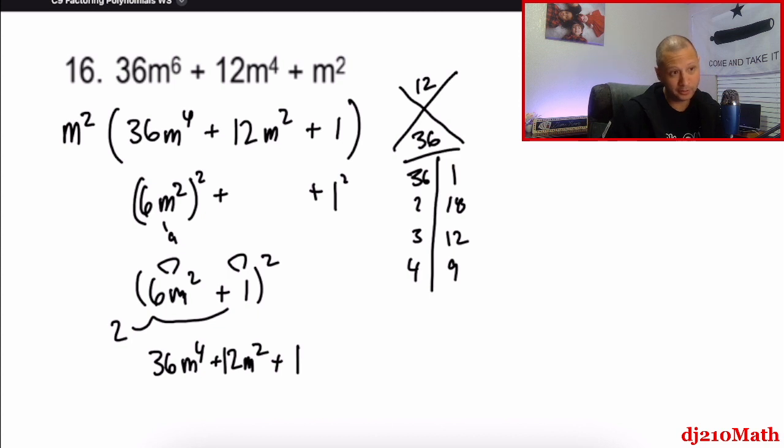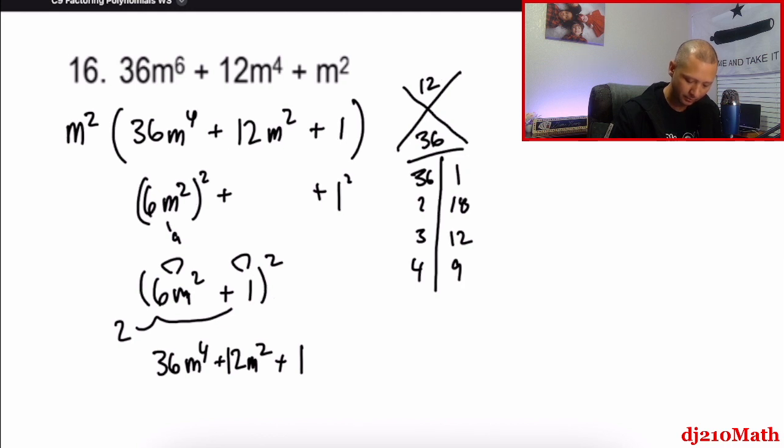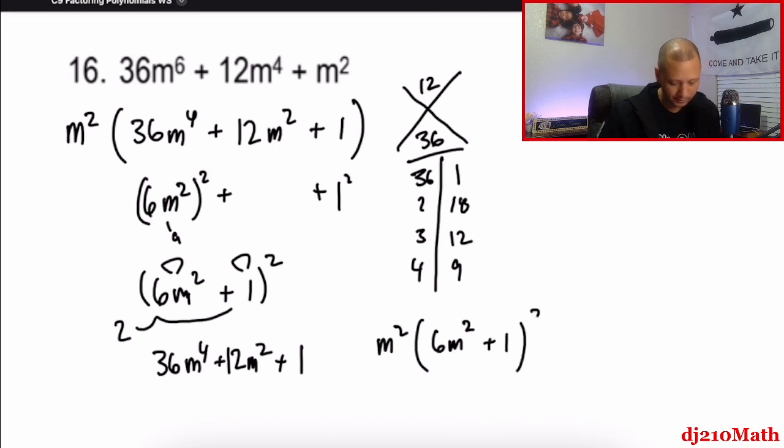So the question is, how would you know how to do this, right? It's an excellent question. So it's going to be 6m squared plus 1 squared. This is the factored form.